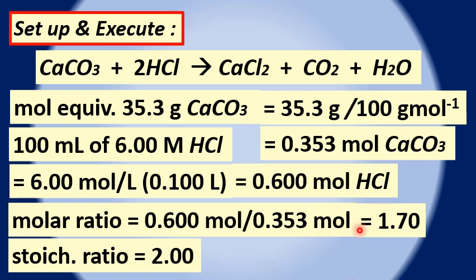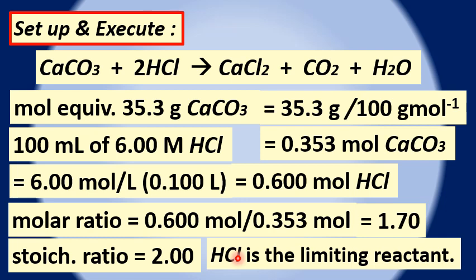And since the molar ratio of hydrochloric acid is less than the stoichiometric ratio, we can conclude that hydrochloric acid is in fact the limiting reactant, while calcium carbonate is the reactant in excess.